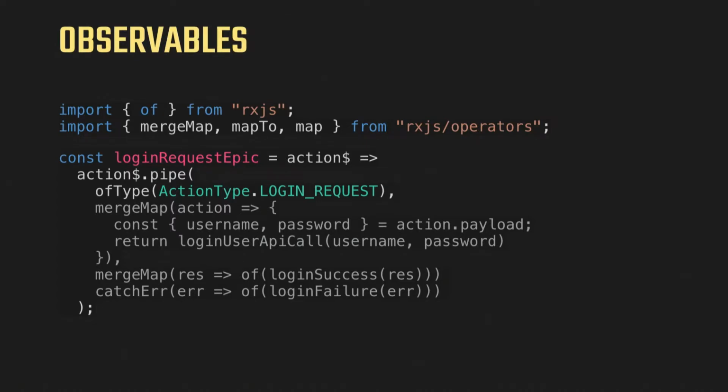So every time we fire off an action, it's going to check if it's of the type login request. And if that's the case, it's going to mergeMap it and basically invoke that API call, right? And if that works, the of operator, or of from RxJS, is basically going to dispatch an action, login success, or in case of an error, a login failure.